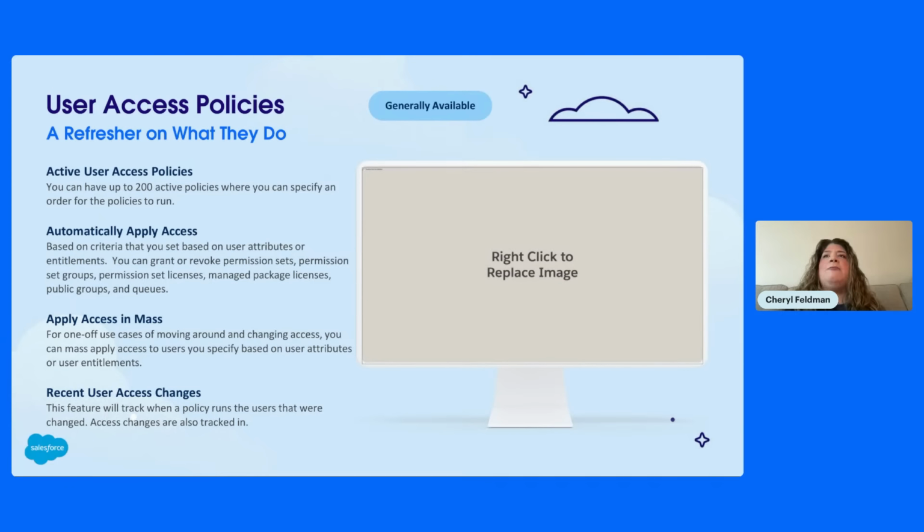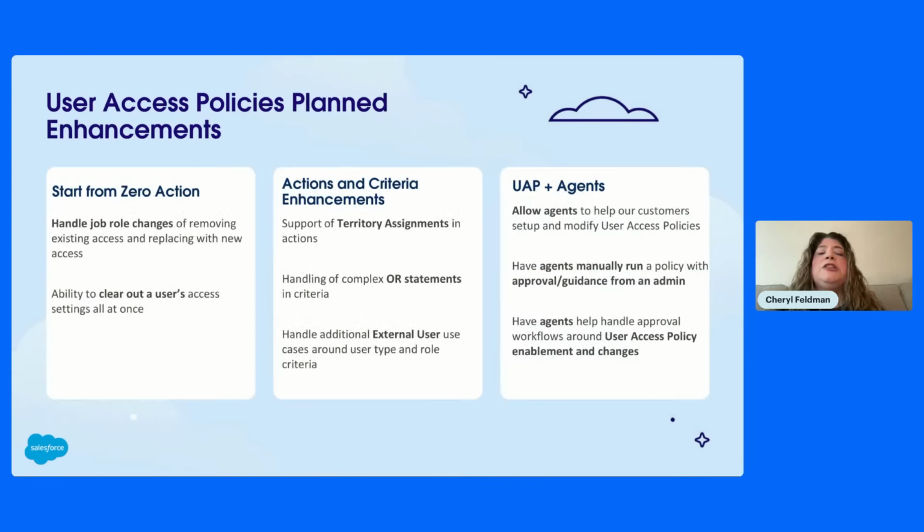But something I've been asked consistently is, when are we getting enhancements to user access policies? So let's talk a little bit about what we're going to be introducing over the next few releases for user access policies. One thing that we hear a lot is that user access policies is good for a net new user setup, but it's not great when it comes to job role changes.